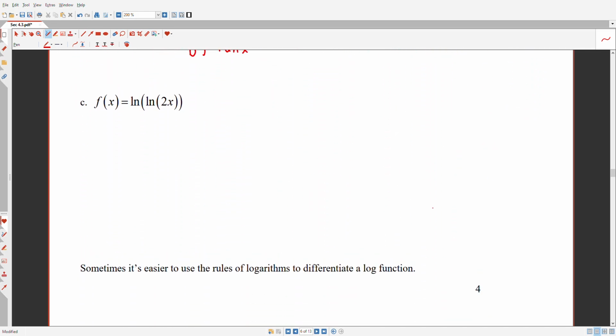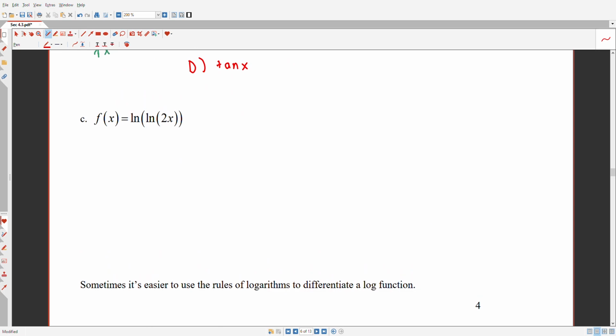Okay, so here's a bizarre function. In example C, it doesn't even give us instructions, but I think what they wanted us to do is take f prime of x. And this is a kind of a bizarre function. It's a natural log of another function, 2x. So we can think of this as a triply composed function. It's like an onion of functions.